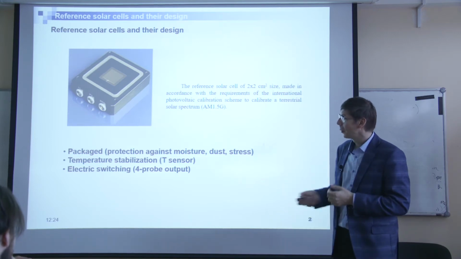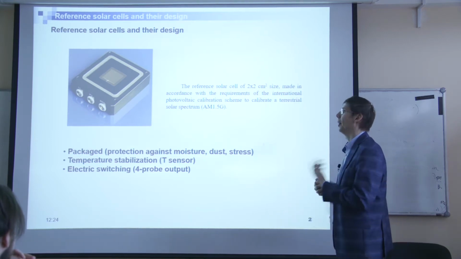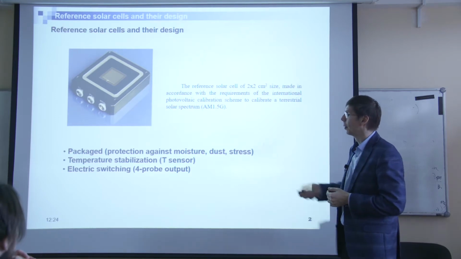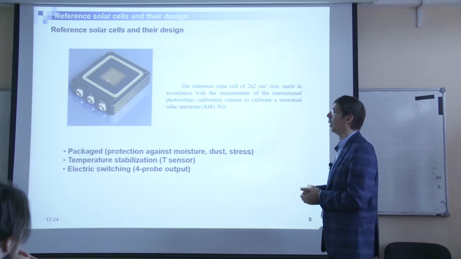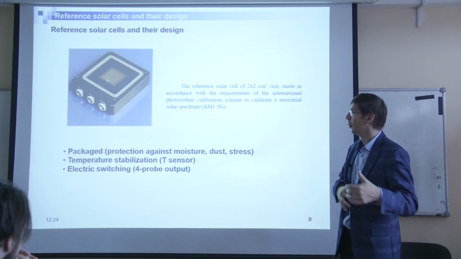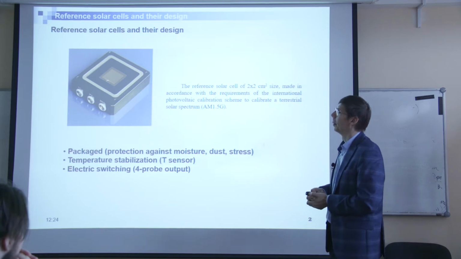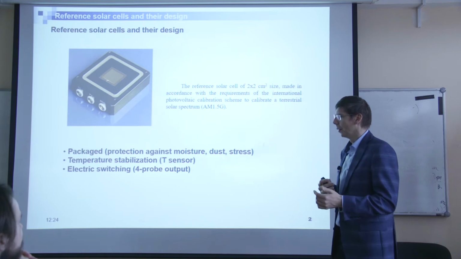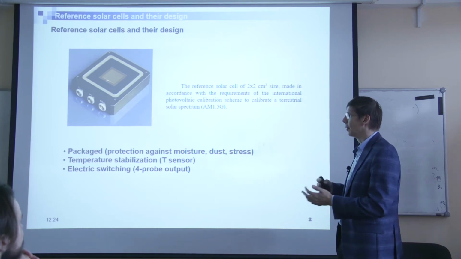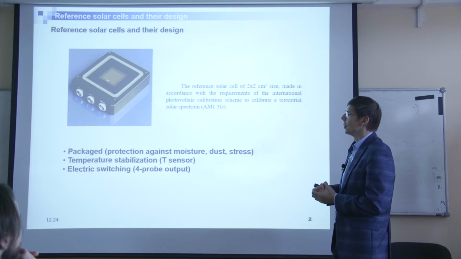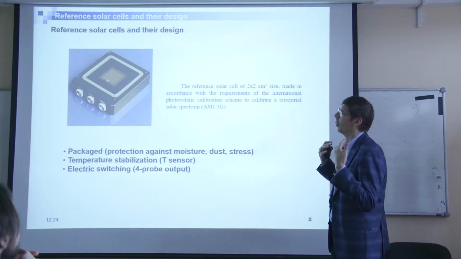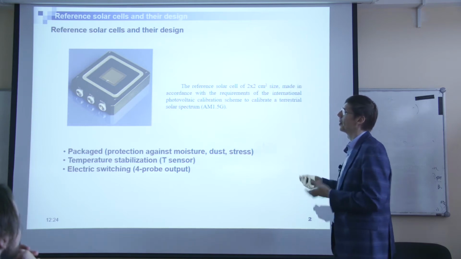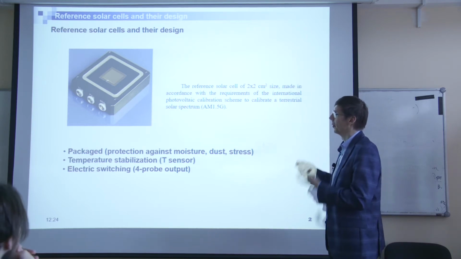There could be another requirement concerning electrical switching, but it's not so strict. You can ask for a probe terminal. I will describe a little later why you need it, but it's maybe to calibrate your IV measurement devices. It's not required to calibrate the intensity, because for that you just need to measure the current of this reference solar cell.